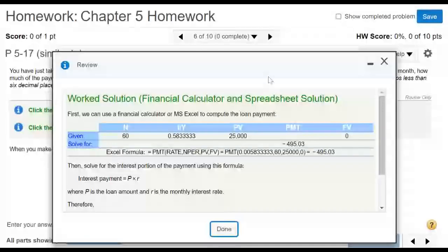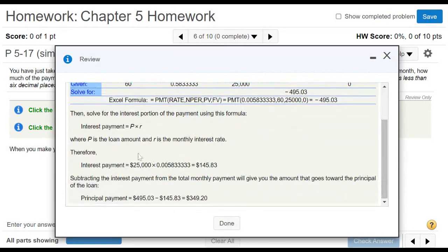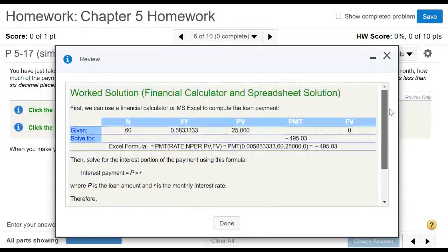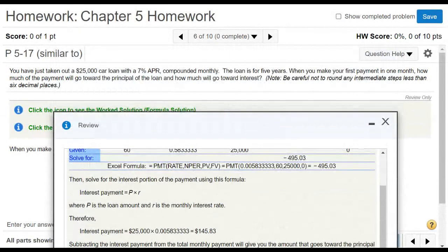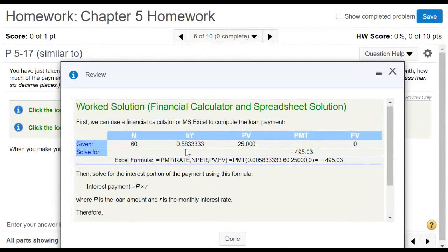Can you see my screen? Yes. Okay, this represents a percentage. This is when it's converted into a decimal. This was 7 divided by 12, but that's in a percentage. The percentage is 0.5833, right?